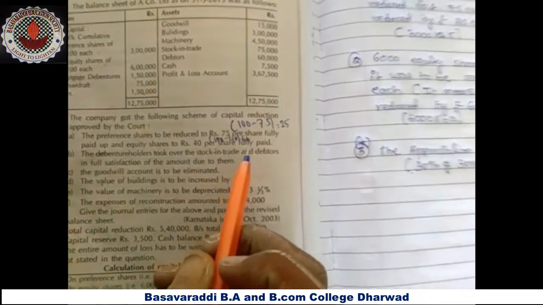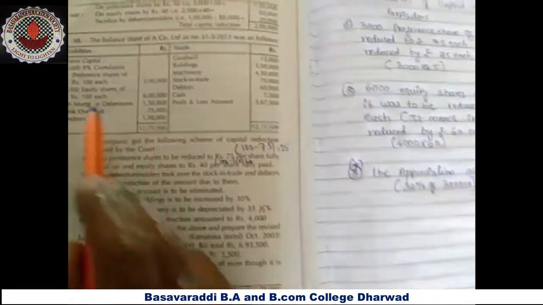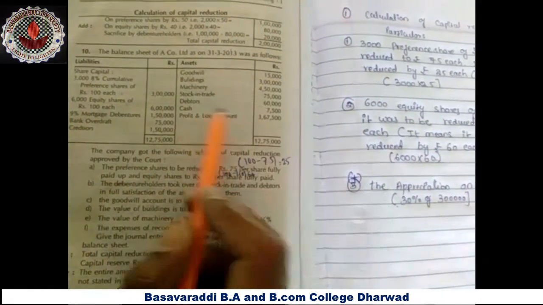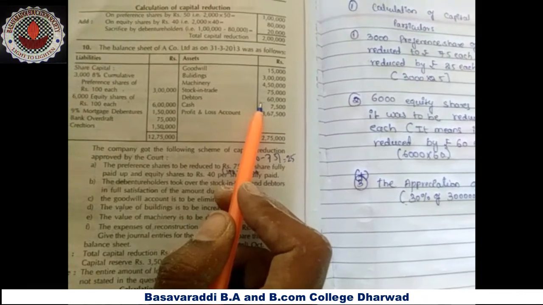Now the debenture holders took over the stock in trade and debtors. Debenture holders amount 1,50,000, stock 75,000 and debtors 60,000.